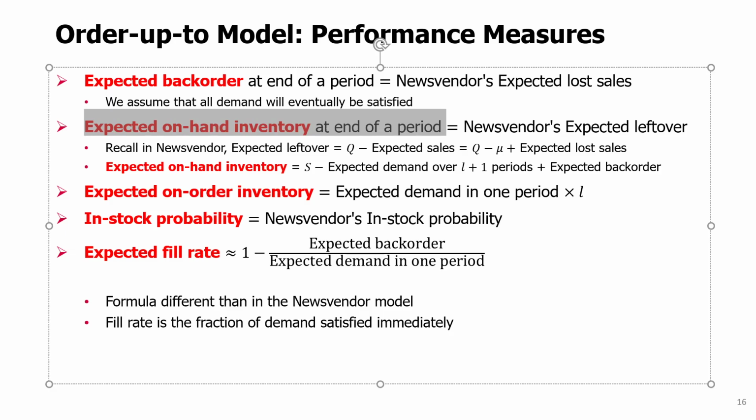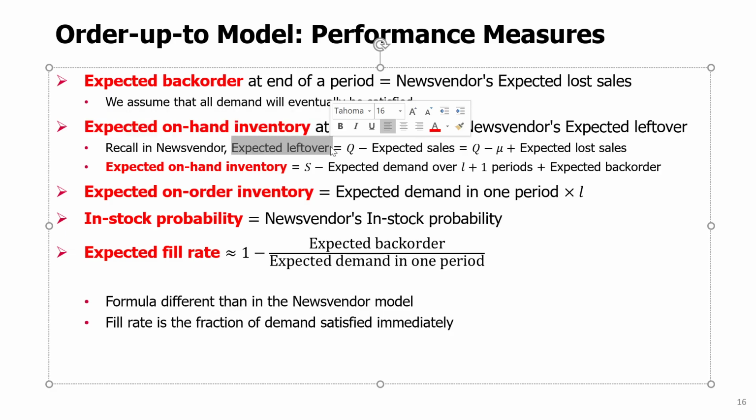Now, if you recall, in the newsvendor model, expected leftover was calculated by taking the order quantity and subtracting expected sales. In turn, expected sales was mean demand mu minus expected lost sales. Putting those two together, expected leftover is order quantity Q minus the average demand plus expected lost sales. But now Q is S, right?